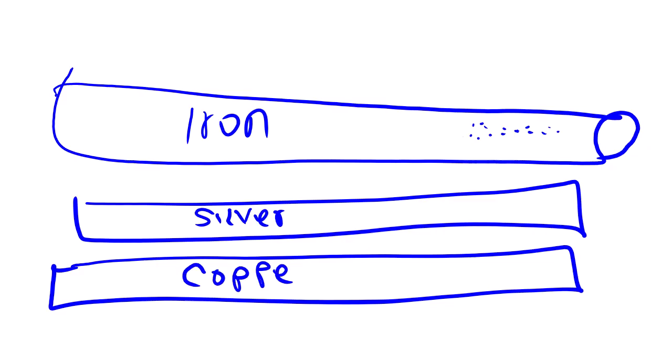Copper, silver and iron are different materials. Iron is different from silver. Silver is different from copper. Both of them are different things. So we have iron as an entity, silver and copper too as entities.